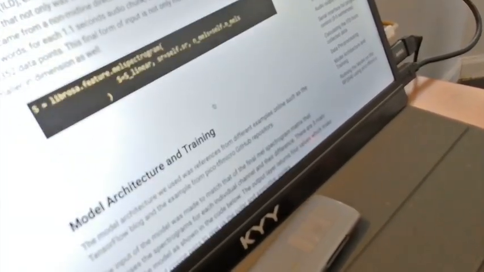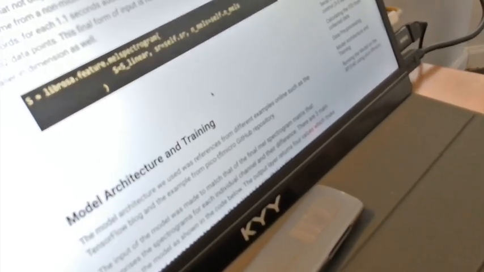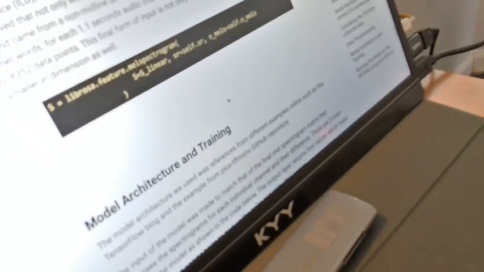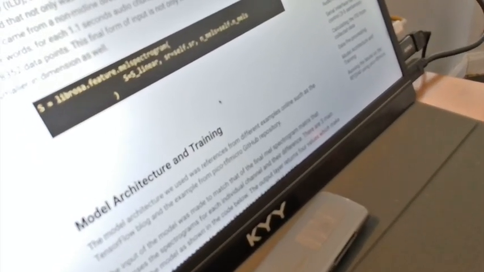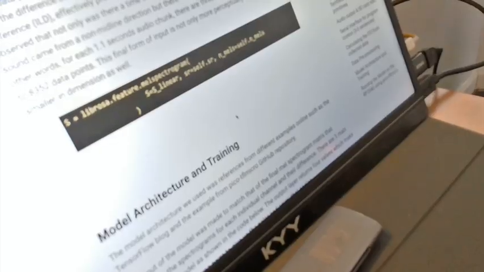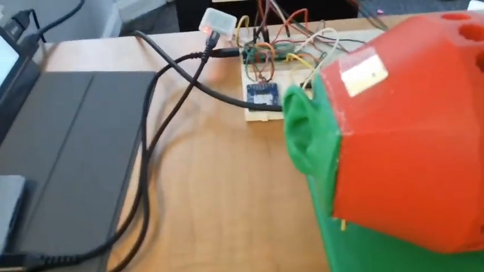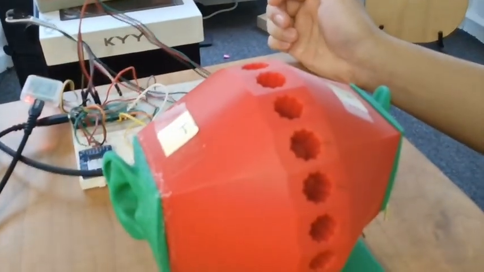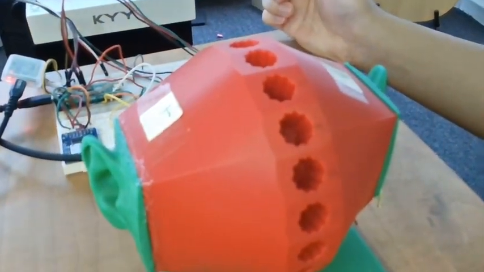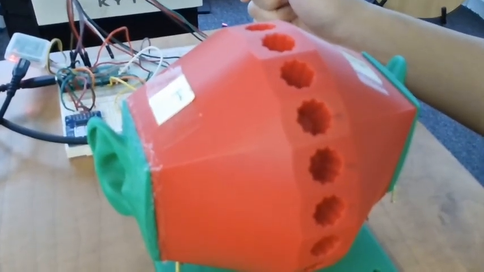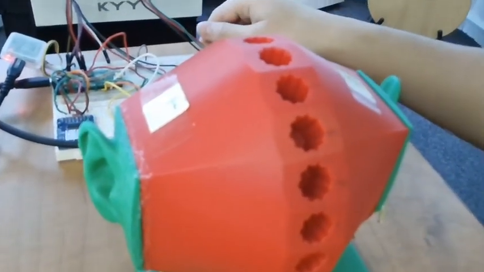By the end of all this data processing, what we effectively had was a matrix of 3 different spectrograms. One spectrogram of the left ear, one spectrogram of the right ear, and the difference between the left and right ear spectrograms, which we hope to represent the interaural level difference.